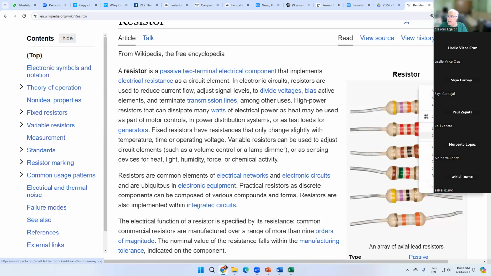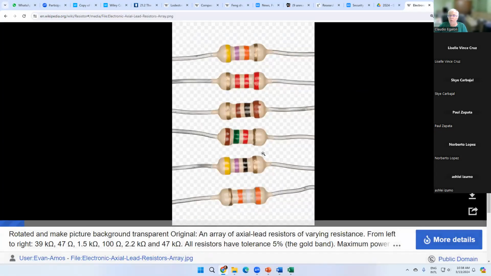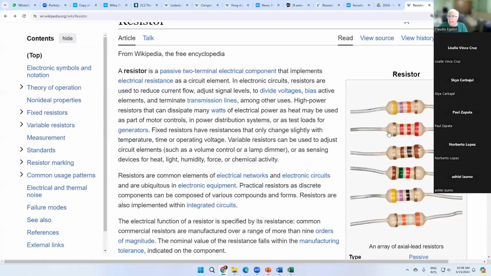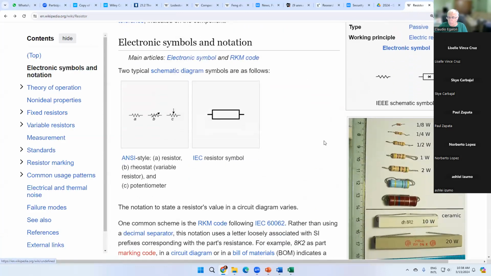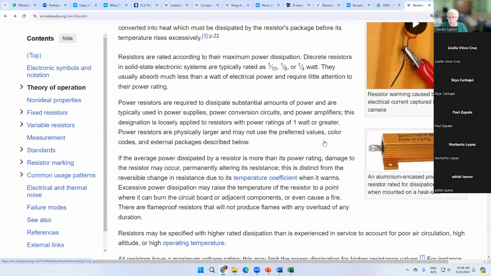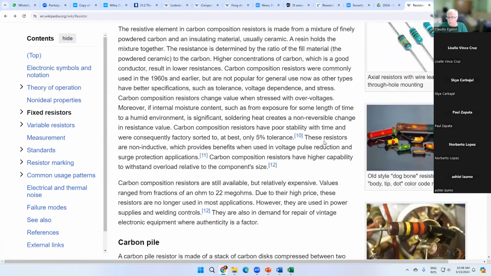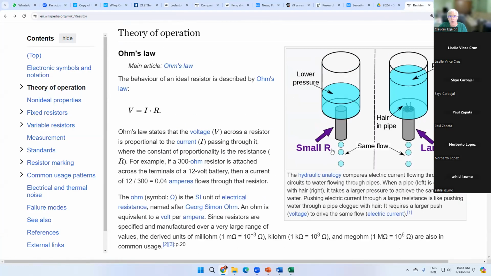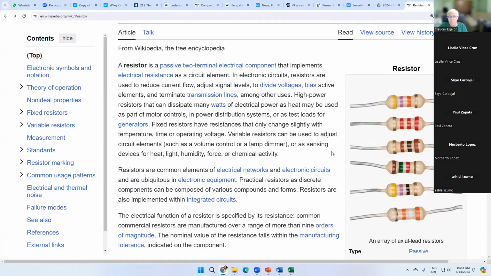Each color represents a number. You read from the left to the right, and you can find out the resistance value. Here in Wikipedia, let's take a look. Unfortunately, they don't have the color code here. It's not difficult to find this color code on the internet.